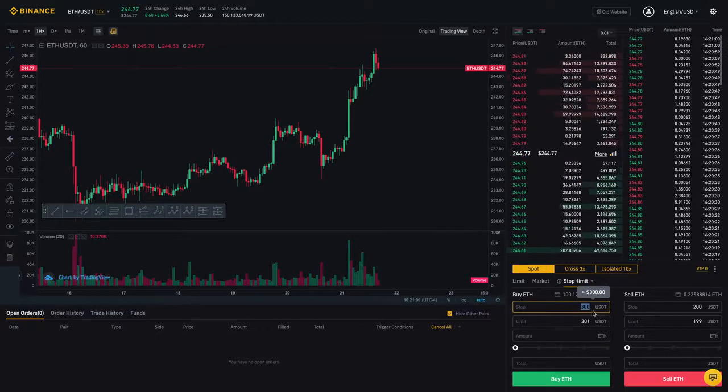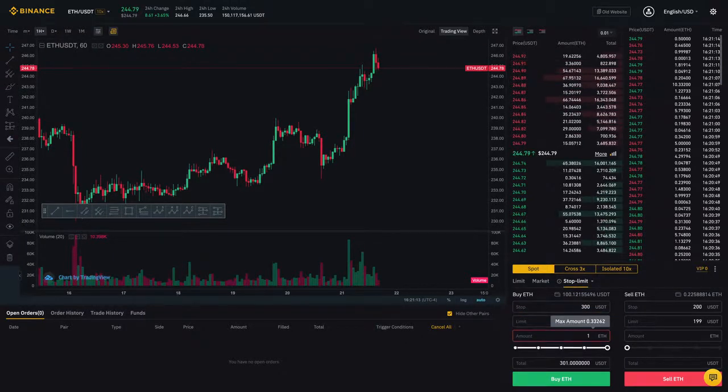If the price of Ethereum goes beyond $300, I'm willing to buy Ethereum up until $301. Let's just say I want to buy one. Well, I can't do that, but 0.1. So I want to buy 0.1 Ethereum if the price goes above $300, up until $301.